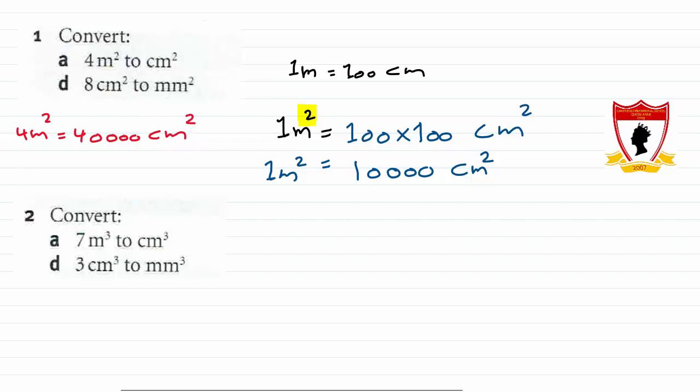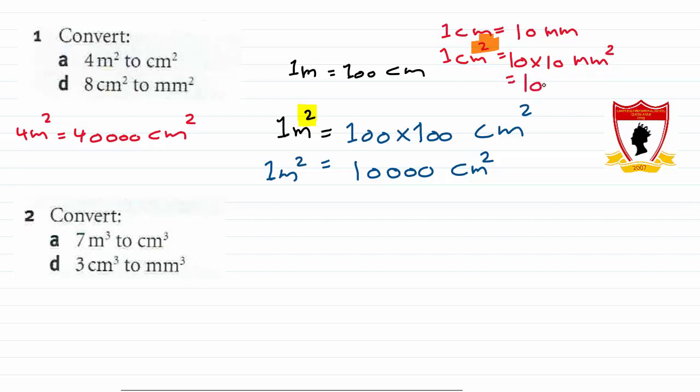The relation between centimeter and millimeter is that 1 centimeter is equal to 10 millimeters. When the centimeter becomes square, because of this 2, we need to write 10 twice. 10 times 10 millimeter square.